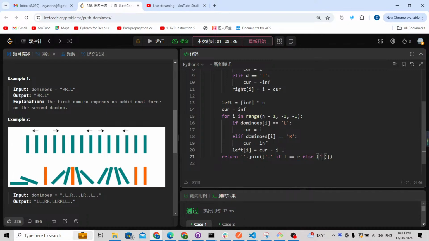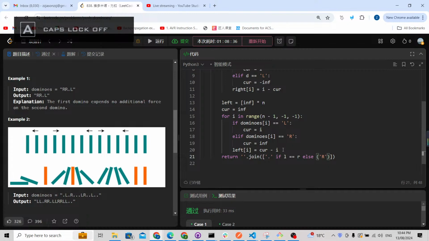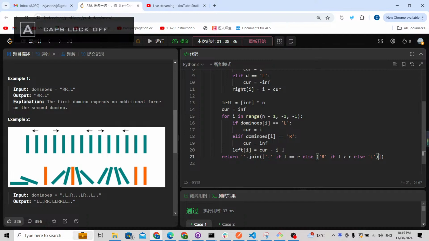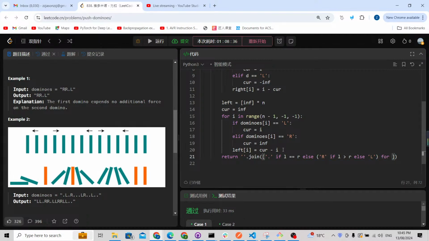Else we're gonna check maybe R, maybe L. So if we would set it to be R, it means the L should be more than R. Else it's gonna be L. And we need to check this for L, R in zip of the left and the right array.